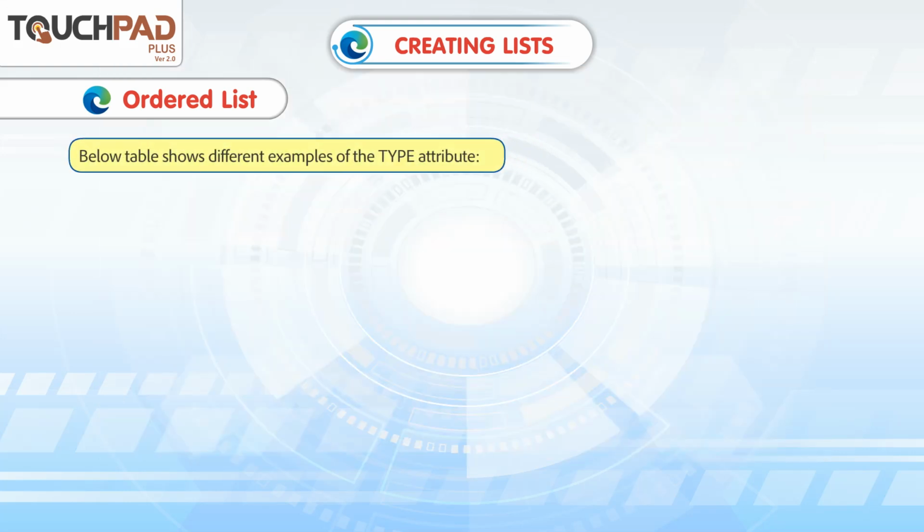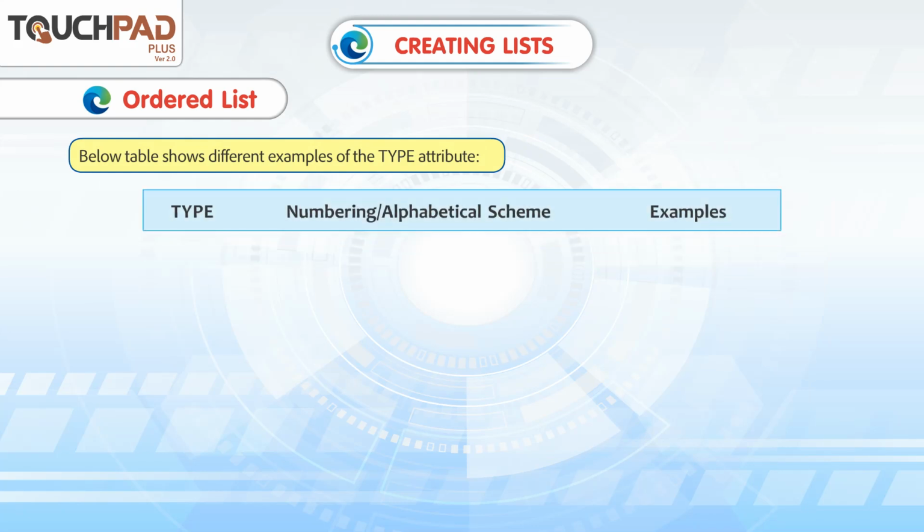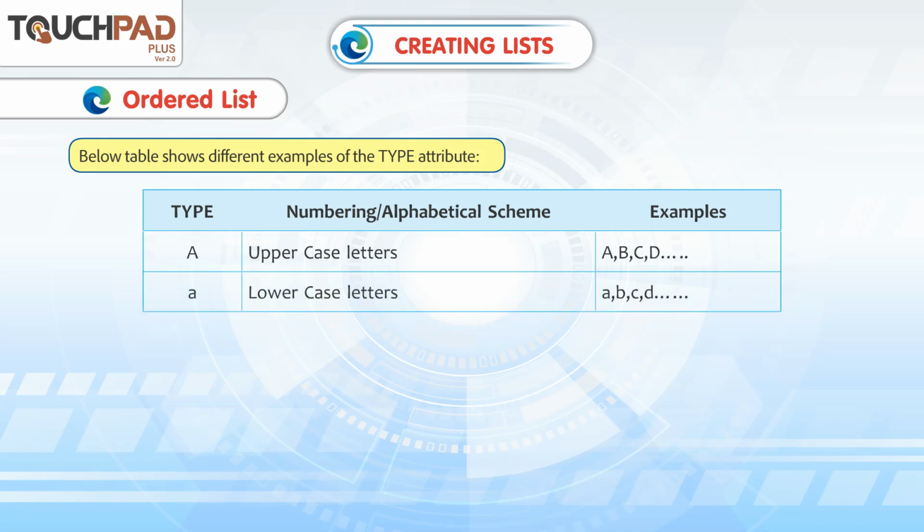The below table shows different examples of the type attribute. Type, numbering or alphabetical scheme, and examples. Capital A: uppercase letters, A, B, C, D. Small a: lowercase letters, a, b, c, d.